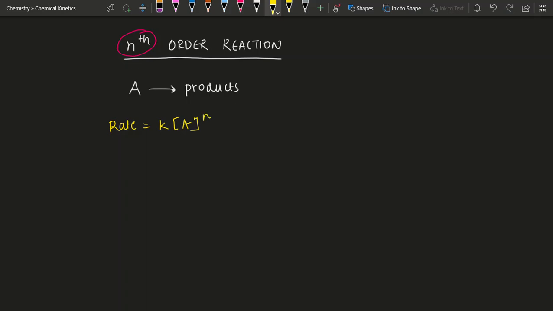Once you write the rate to be equal to k times A to the power n, you also need to take into account that the rate itself is equal to negative of d concentration of A over dt. So then you have the differential equation: negative of dA over dt equals k times A to the power n.